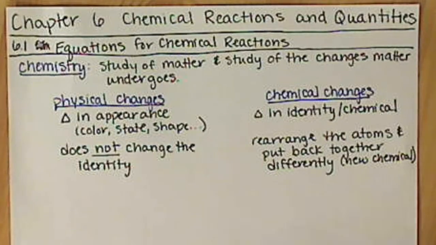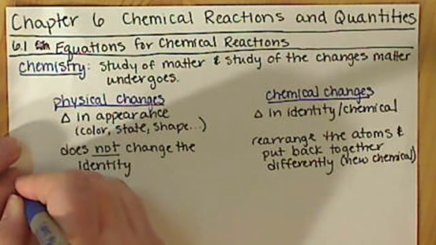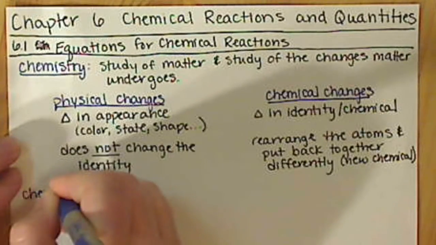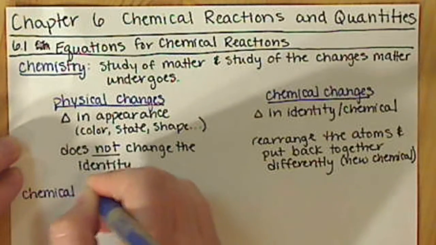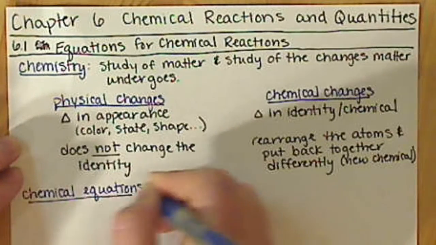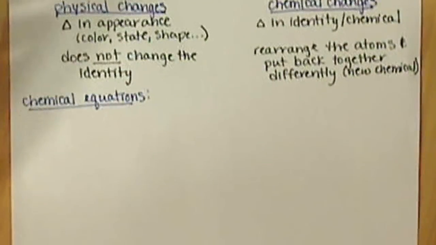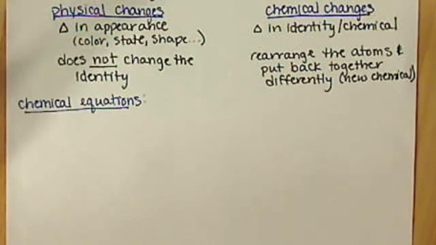The way that we represent chemical changes is with chemical equations. So far, we've seen some equations, but we refer to those as mathematical equations.